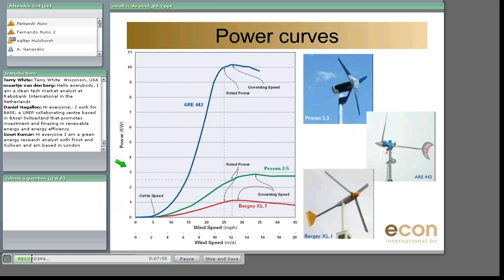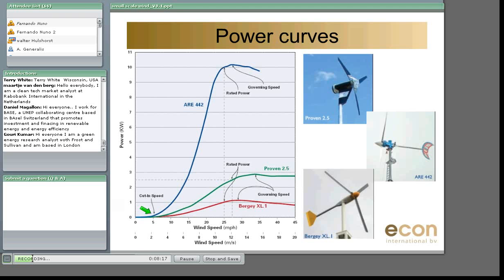You will see that they have a different output of power, and I think the first thing you will notice is that with low wind speed, the output for most of the situations is zero. At a certain wind speed the output is going to start, and that's called the cut-in wind speed.